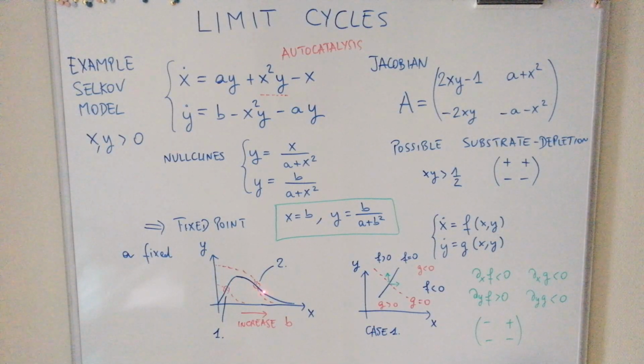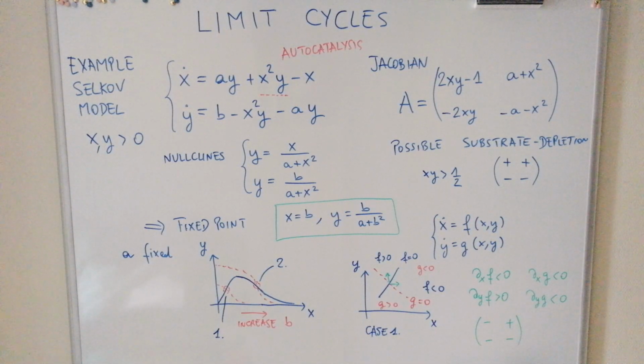In case 2, I have a different type of intersection, and I can show, and I leave this as an exercise, that when the topology is like this, what changes is the curve for f. The g comes down with this negative derivative, and the f is also coming down with the same negative derivative.